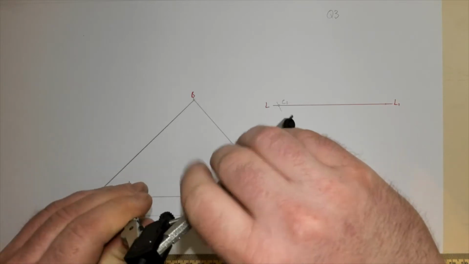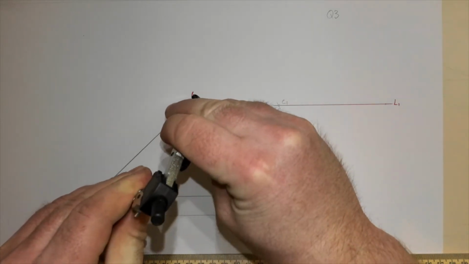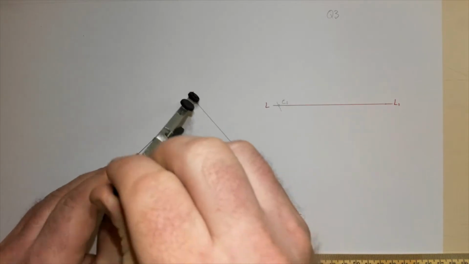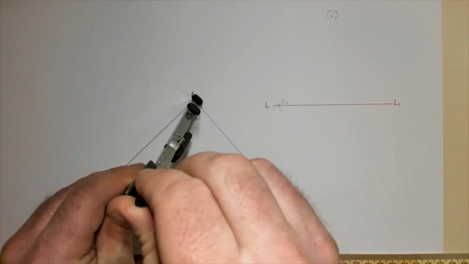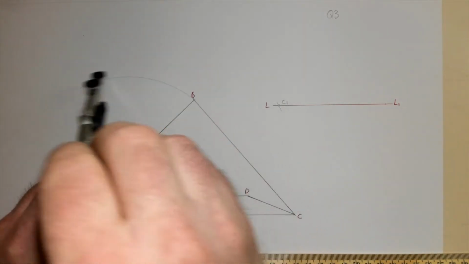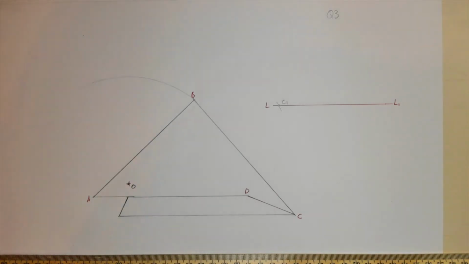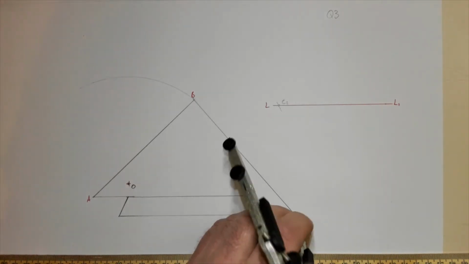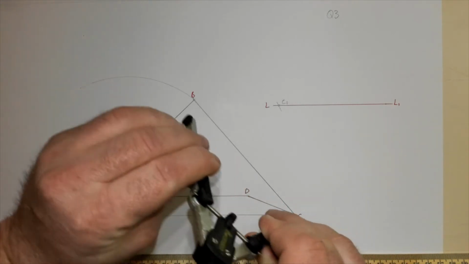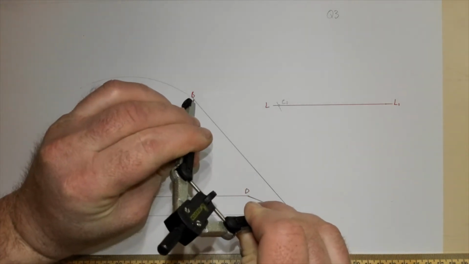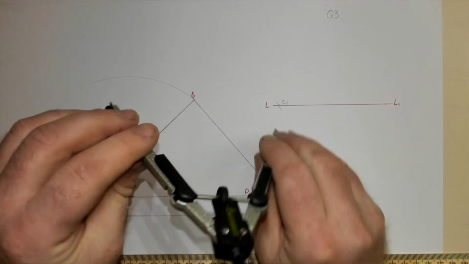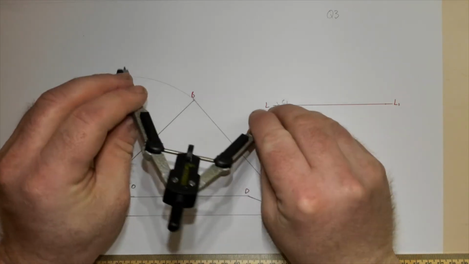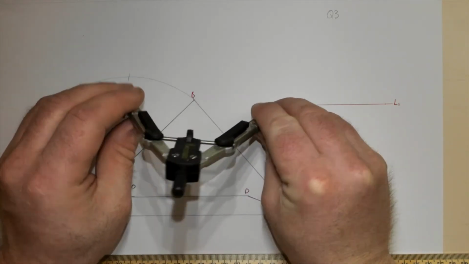What we do here is we just go to B and swing an arc, because it's going to be somewhere on that line. We take the distance from point C to B, then we place our compass on point C1 and mark that other curve.